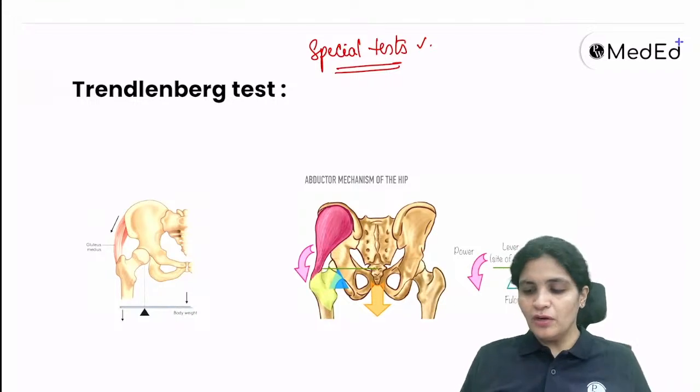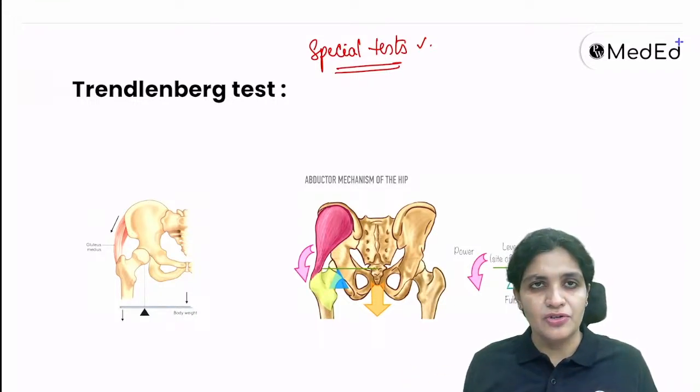Yes. So now one of the most important things in case of the hip joint is your Trendelenburg test.